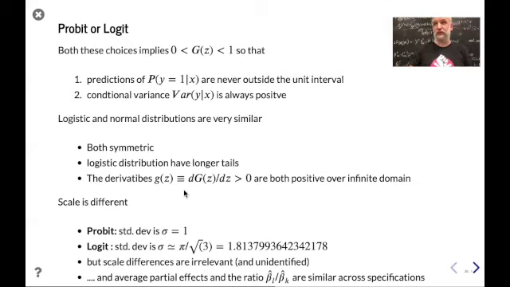The scale is different in the standard version of these distributions. The Probit usually assumes that the standard deviation is normalized to 1, whereas the standard logistic distribution doesn't have a parameter for the variance, but you can scale it up and down.